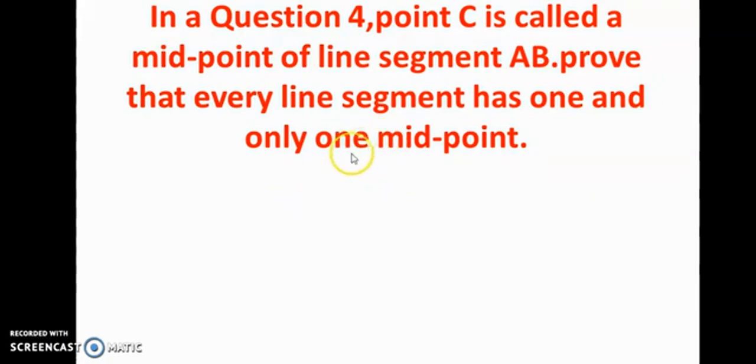To prove this statement, first we have to assume that there might be two midpoints to a line segment AB. Take those two midpoints as P and Q. Then we have to prove that P and Q are one and the same. Okay, let me prove here.